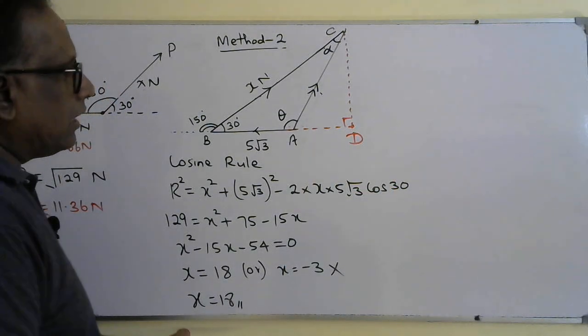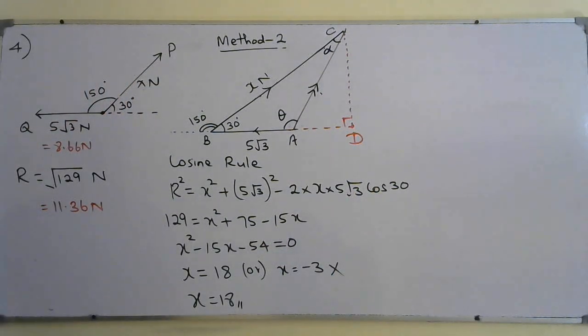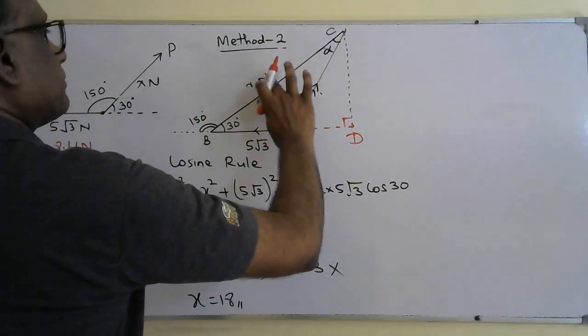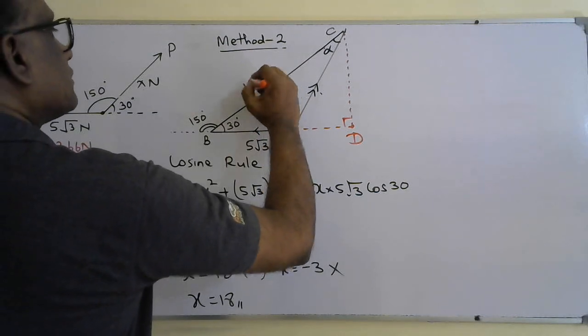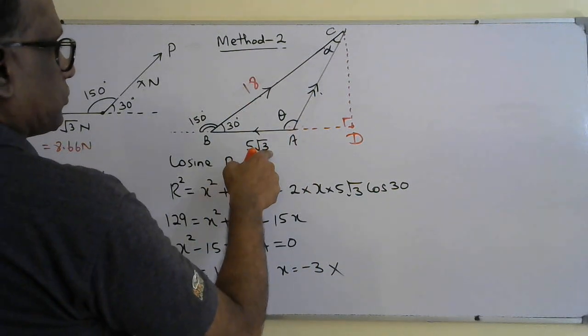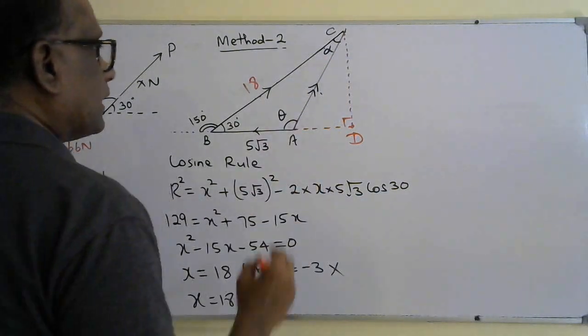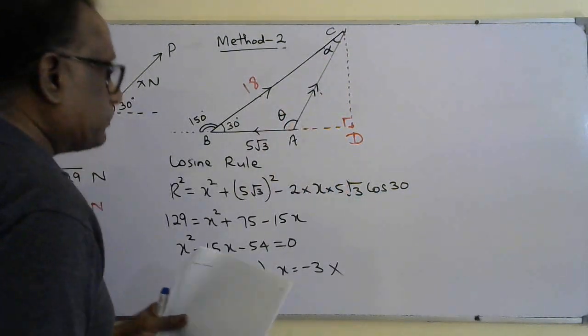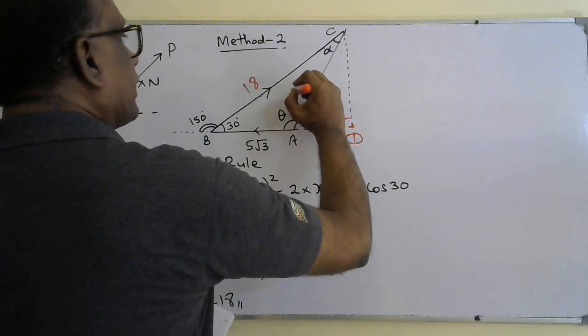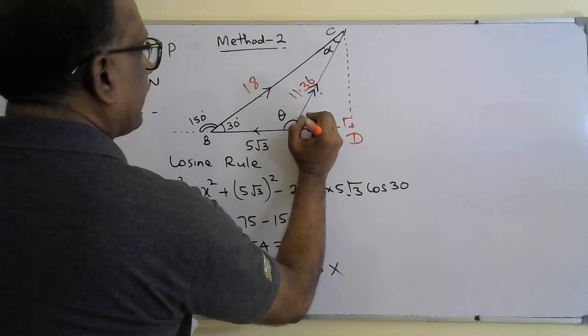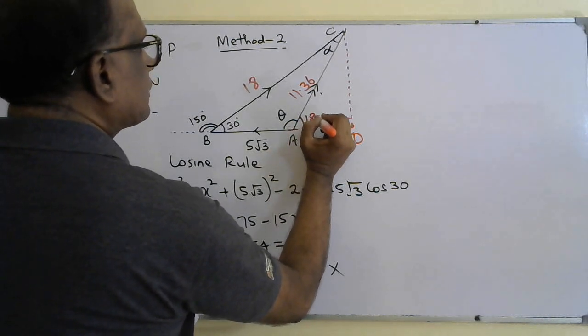So how can I find the angle theta? We know x, we found it now, x is 18, so I'm replacing it with 18. This is 5 root 3. And the resultant, we know, is square root of 129, so that is 11.36. This angle theta means this will be 180 minus theta.